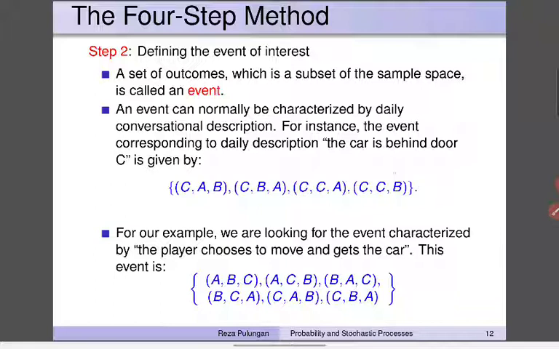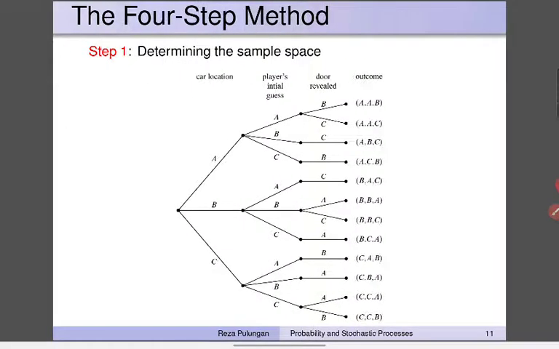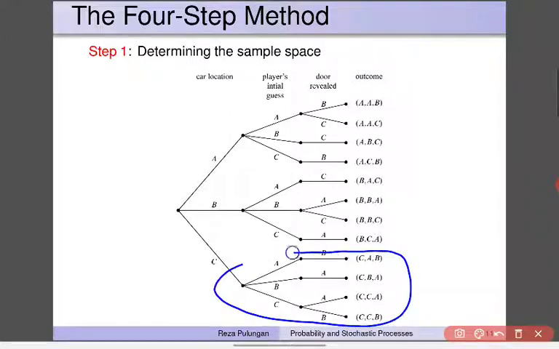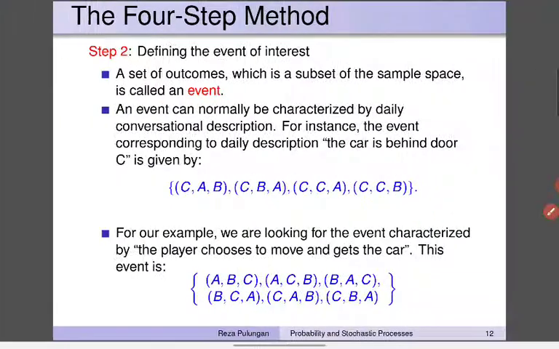This is a set which contains 4 outcomes, namely CAB, CBA, CCA, and CCB. This basically corresponds to all the branching that originates from this one, which says that the car is put behind door C.